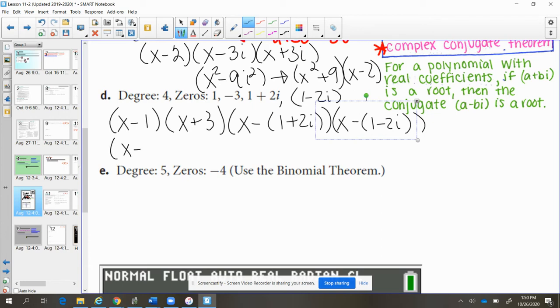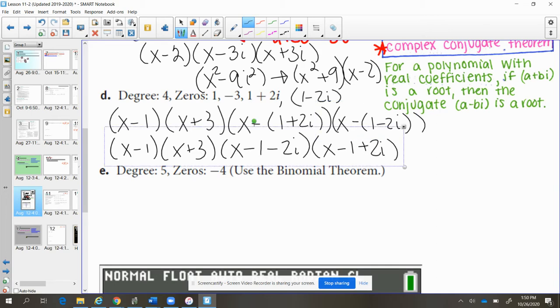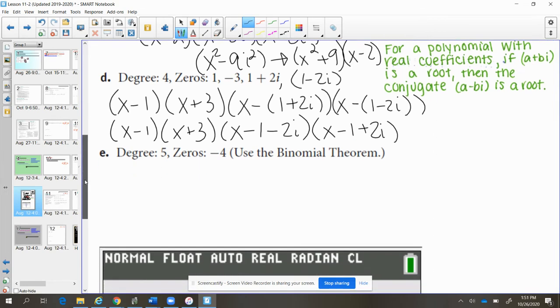So officially, when we simplify it, we have x minus 1 minus 2i. None of those can be combined. And then x minus 1 plus 2i. Officially, nothing can be condensed in there. Again, we can worry about fully simplifying this to standard form eventually, but as long as we're understanding the idea of zeros versus the factors, I'm good at this point.